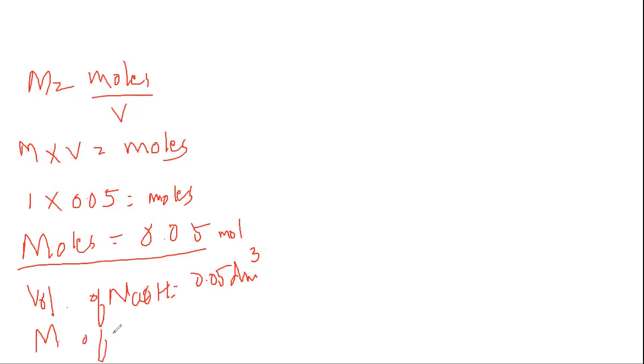Molarity of NaOH is 1 molar, 1 mole per dm cube. So in the same way, you can calculate the number of moles of NaOH. So there are the same number of moles of NaOH and HCl.